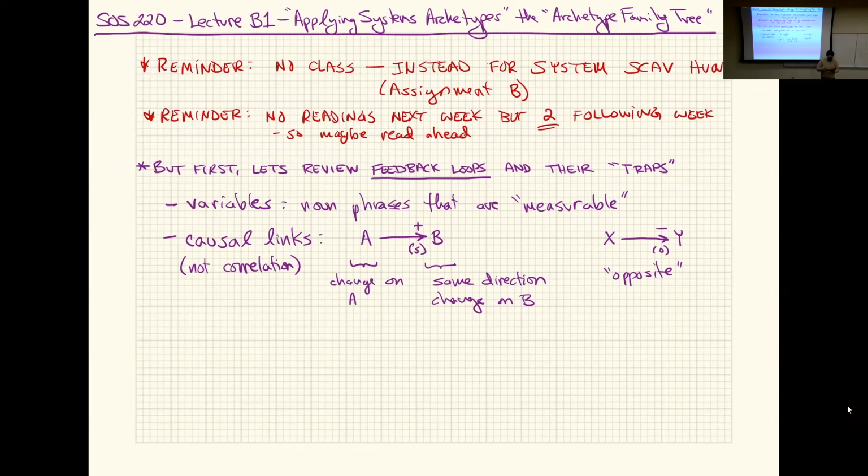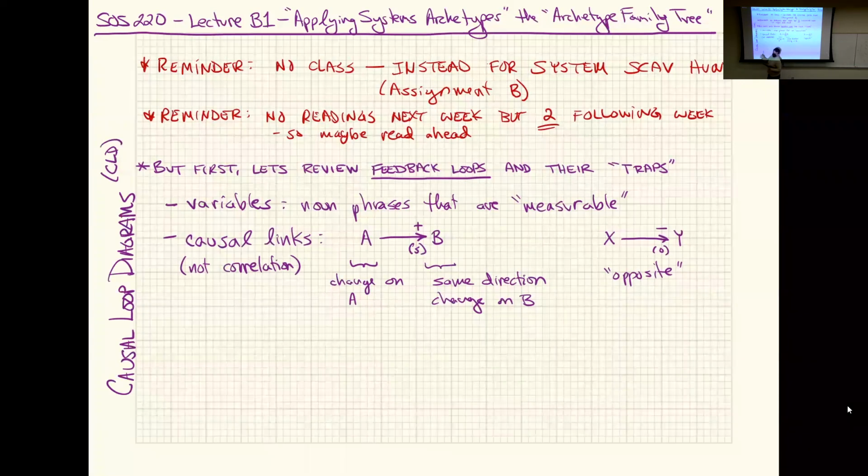And this is all, just as a reminder, causal loop diagrams. Some people abbreviate them, so we'll call them CLDs. Some people just call them causal diagrams because you don't have to have a loop for it to be a causal loop diagram, but you use the diagram to find the loops.